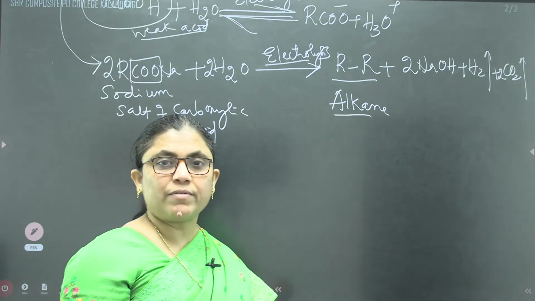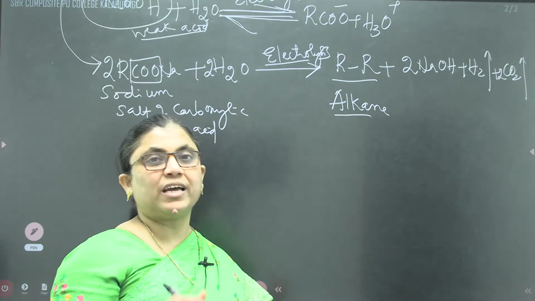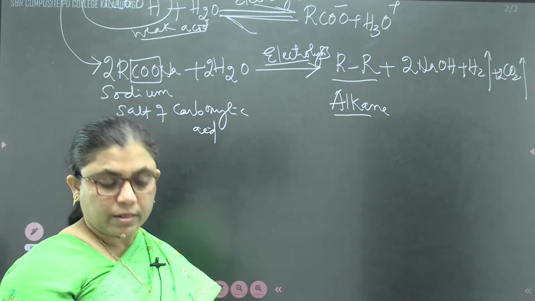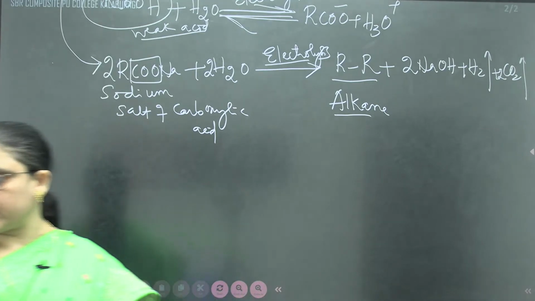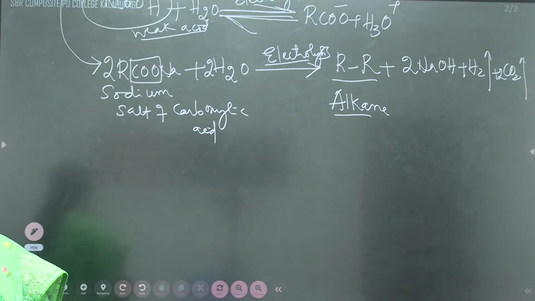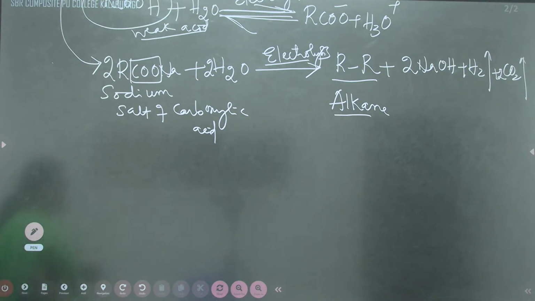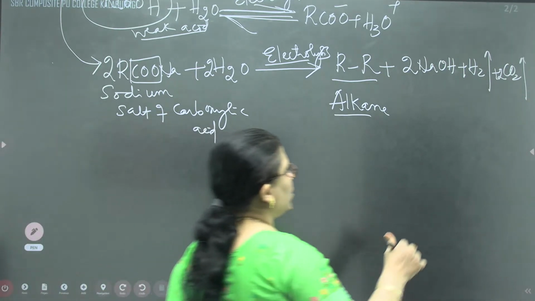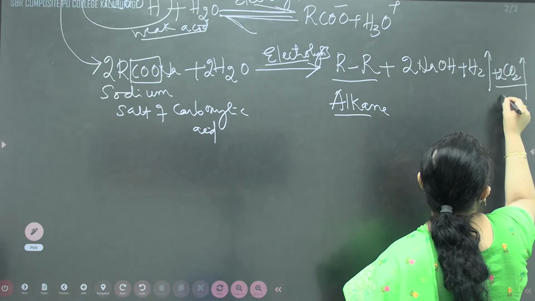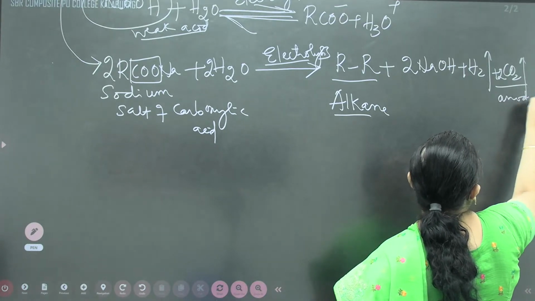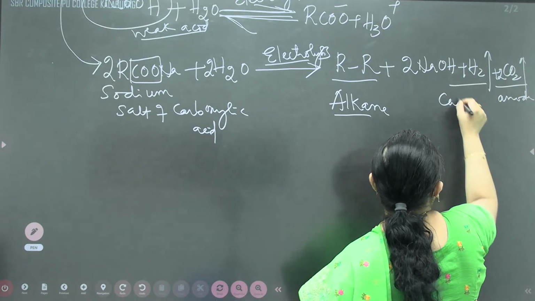Anode is the positively charged electrode and cathode is the negatively charged electrode. During electrolysis, carbon dioxide is always liberated at the anode and hydrogen is liberated at the cathode.